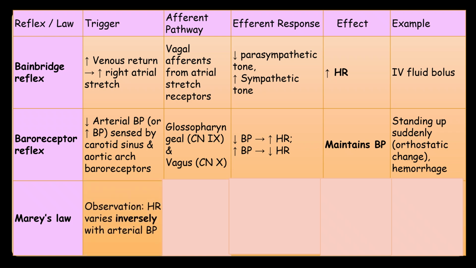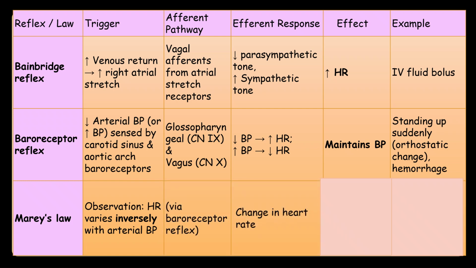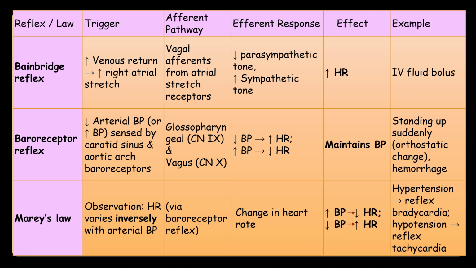And coming to Marey's law, this is just an observation. Heart rate varies inversely with the arterial blood pressure, and Marey's law acts through the baroreceptor reflex. So whenever there is hypertension, there is reflex bradycardia, and whenever there is hypotension, there is reflex tachycardia.